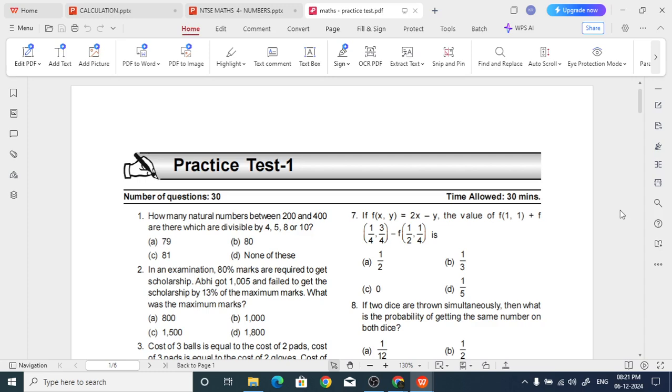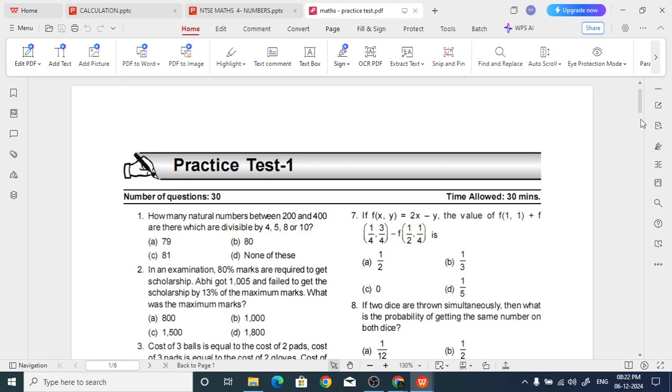I don't know, what is your confusion? 0, sir. 0 is the answer, correct. 0 is the answer. You check, all of you, please check once again, and whether you are getting 0. Sir, but how negative is coming instead of plus there, sir? No, no, no, value of that is negative. Plus is they are adding that.